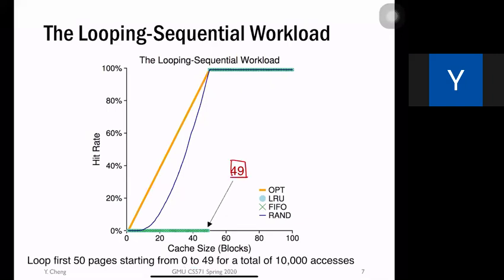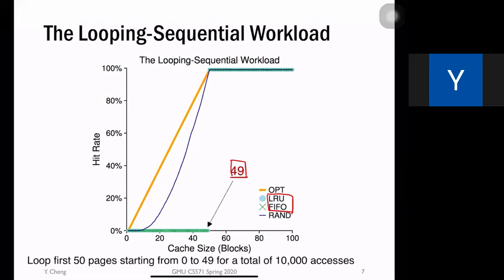If the cache capacity is smaller than 50, say 45, as you can see, both LRU and FIFO basically achieve zero performance. Why is that?